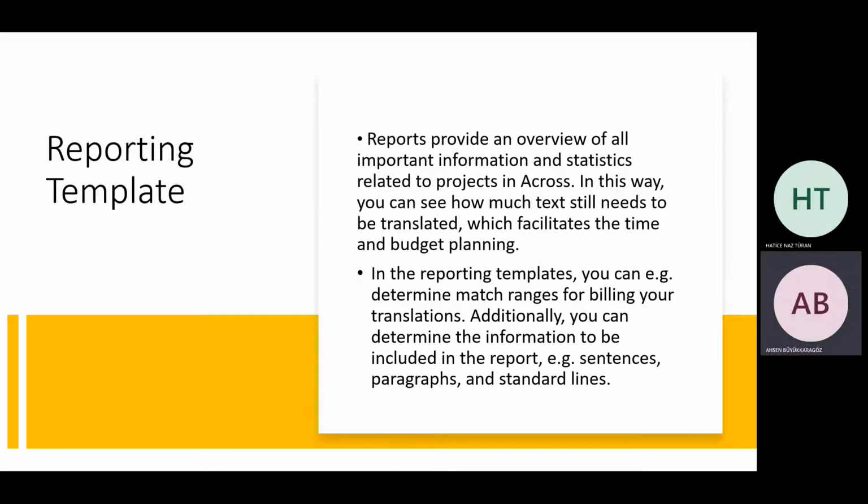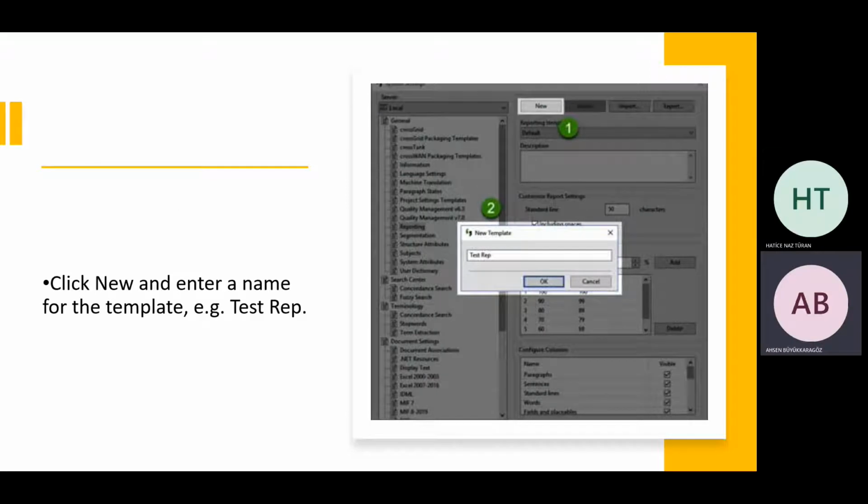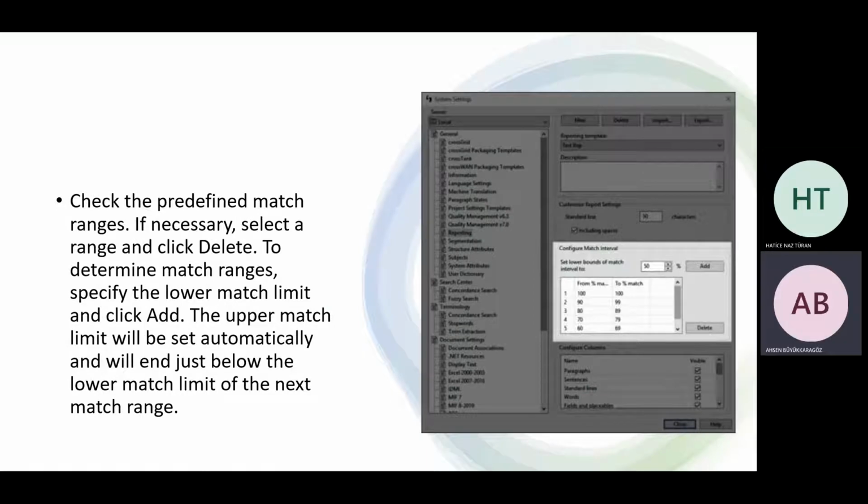paragraphs, and line. So first, go to tools, and there will be reporting templates. It can be this time test rep. Then determine the number of characters in a line. It's necessary to specify whether or not the line is to include spaces.